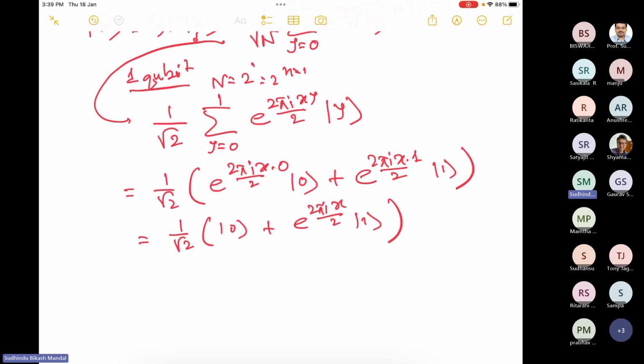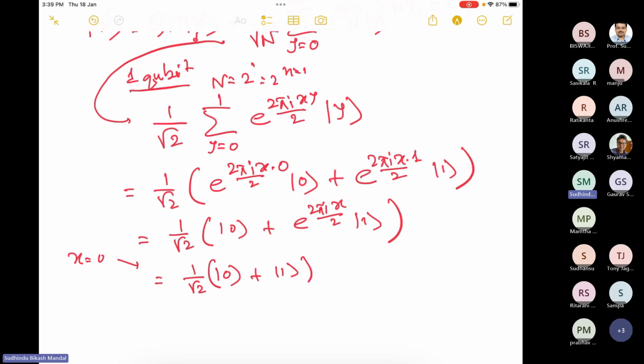Now if the value of x is 0, then it becomes 1 by root 2 (|0> plus |1>), because x is 0, that means the exponent goes to 1.